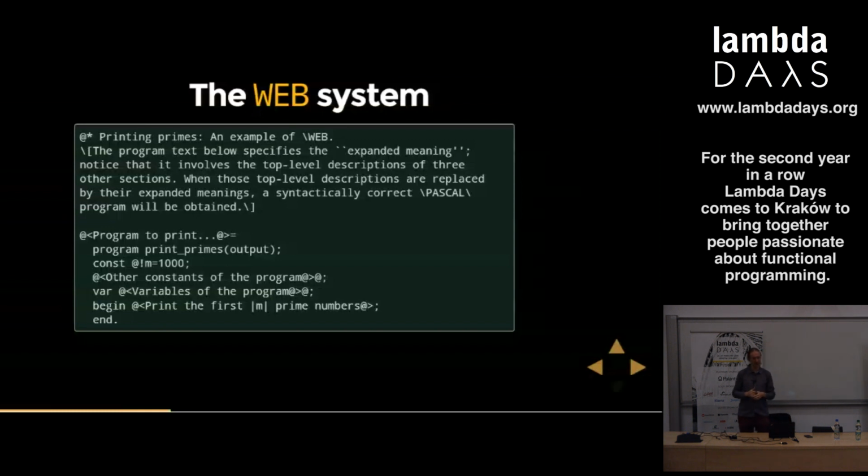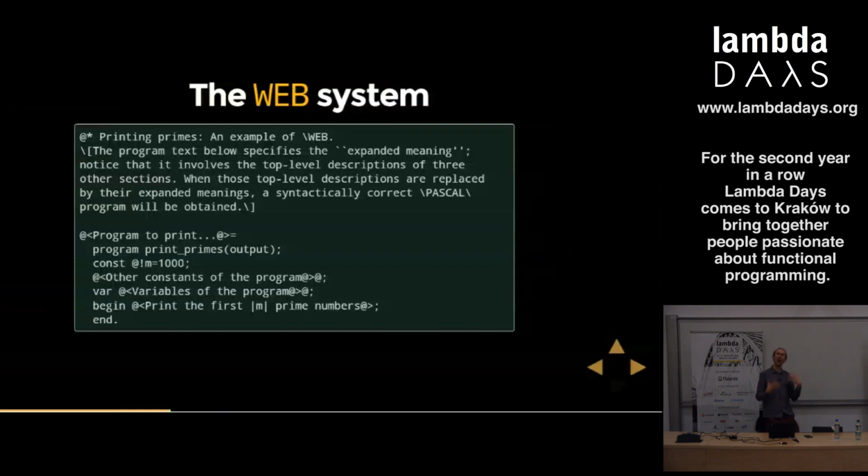Then he has some constants, and then he says other constants of the program in angle brackets. And when you generate the Pascal code, it will insert something from somewhere in the file in that section. And then there's begin, print the first n prime numbers, which is again referring to some other part of the program. So it's an interesting system.